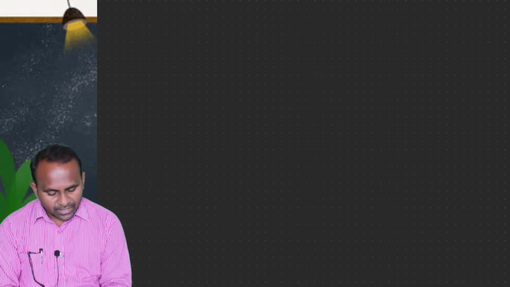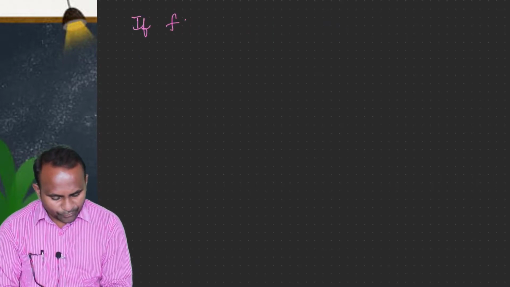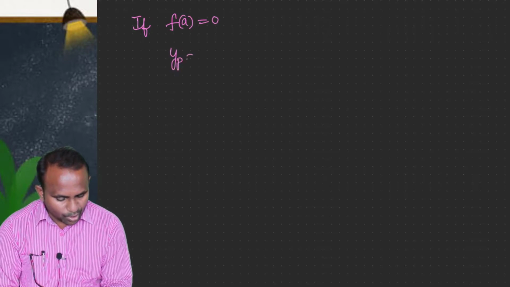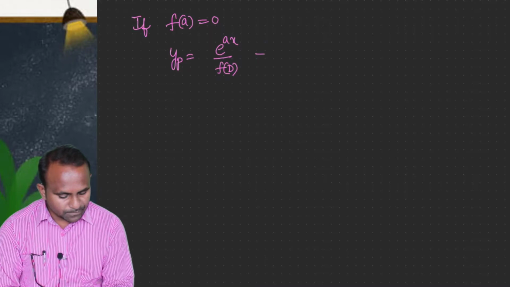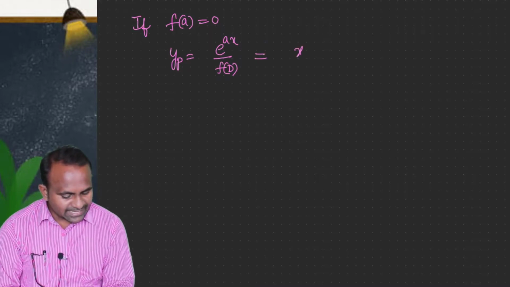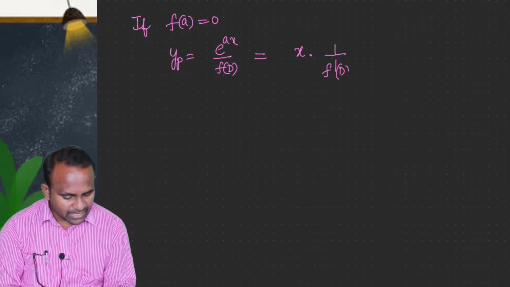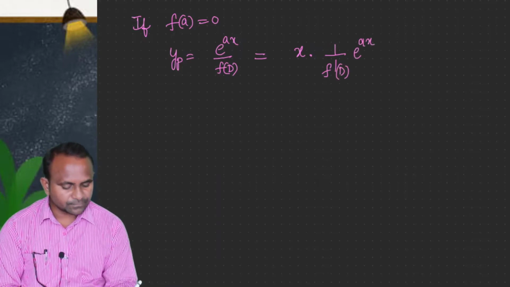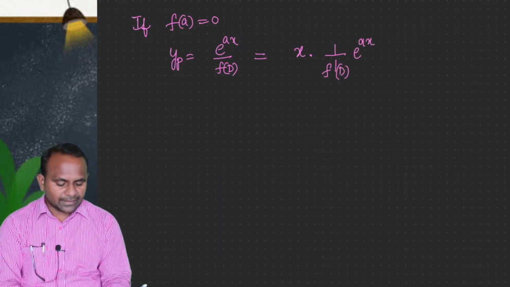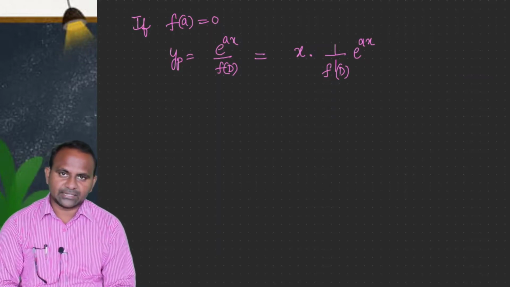Whenever f of a is equal to 0, while finding the particular integral of the type e power ax over f of d, you simply follow the rule: x times 1 over f dash of d, e power ax. And then in place of d, you put a, as usual.